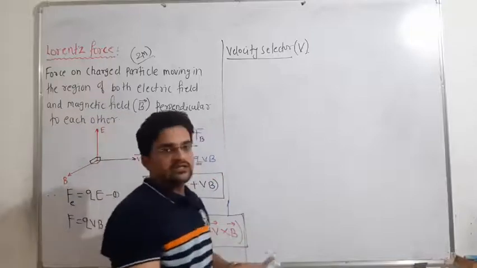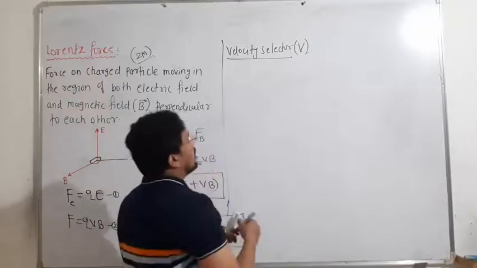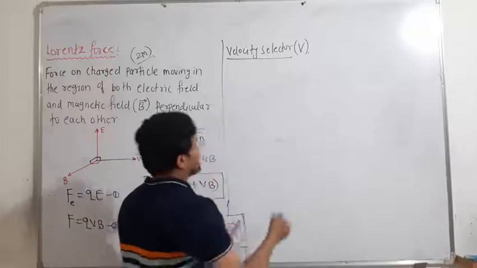And that velocity is known as what? The velocity selector. So I will write down the exact meaning.